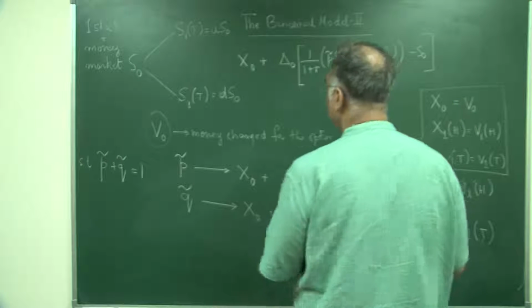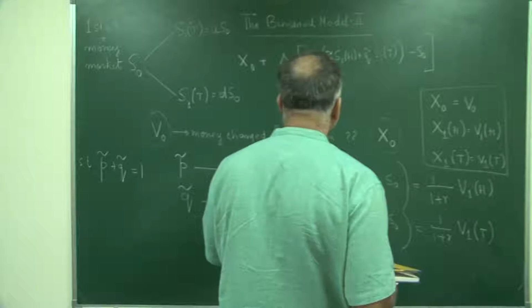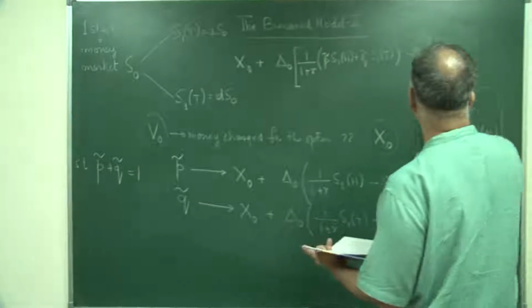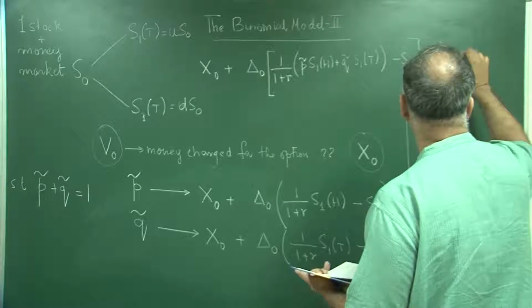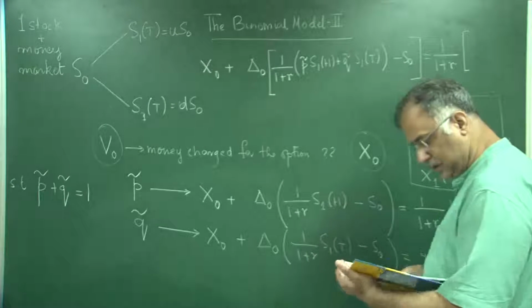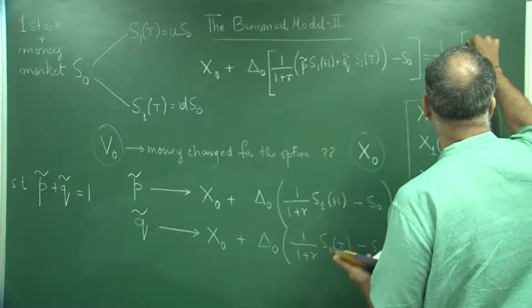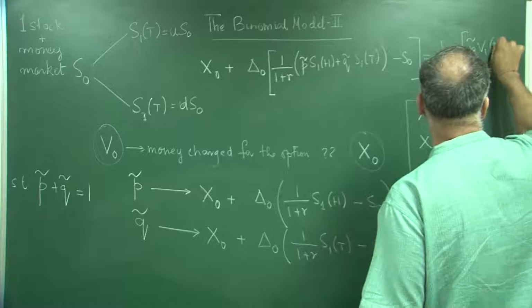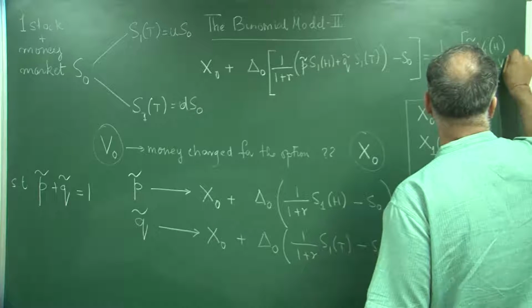When you add p tilde x naught plus q tilde x naught, you get p tilde plus q tilde times x naught, which is x naught. And the right side becomes 1 over 1 plus r times (p tilde V1H plus q tilde V1T).